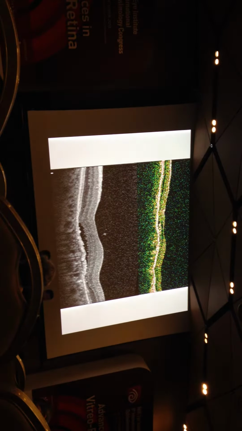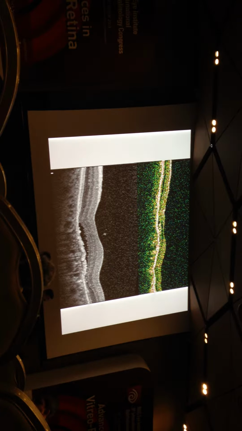Why am I saying time domain and spectral domain? Because here is the same case, and you see that with the time domain, probably you will not easily recognize that there is some fluid, but you actually see it over here. Of course, I'm not completely sure that the two scans are taking the same position, but in any case, that could happen.